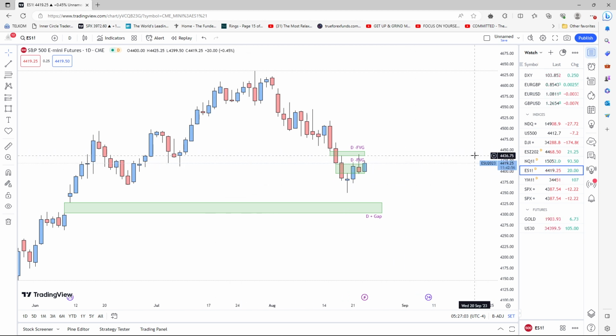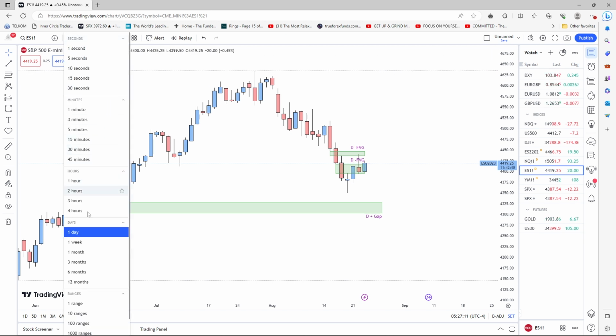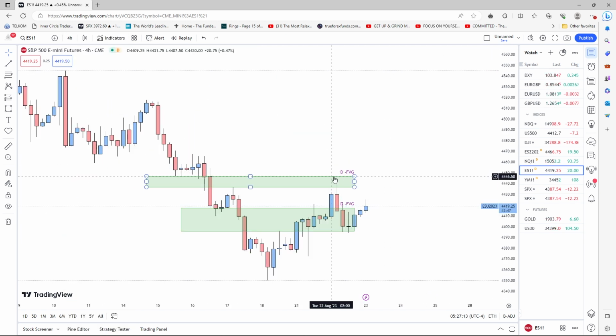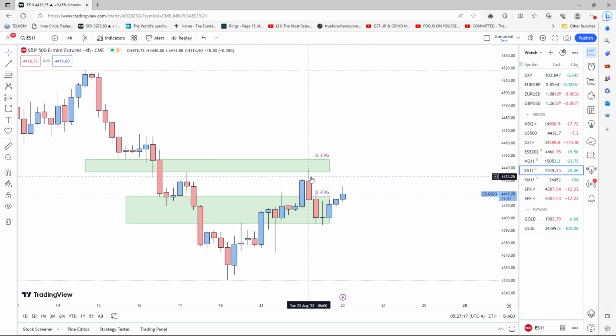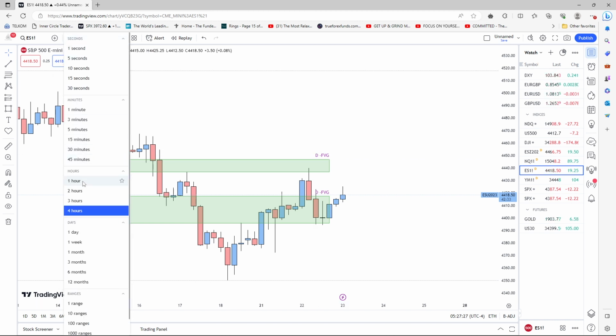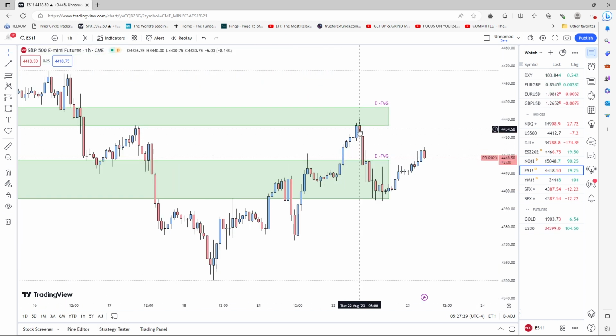All right, let's start things off by looking at the S&P. Let's shift down to lower time frames. Let's see if we can find any trade ideas inside of these PD arrays, which would match our model ideas.